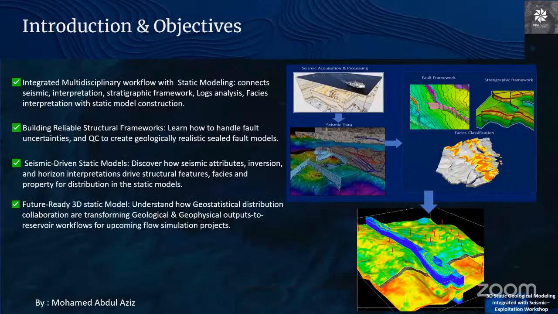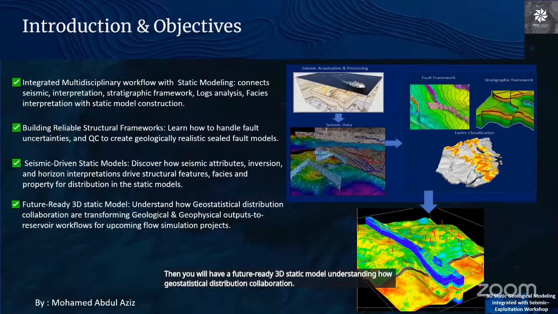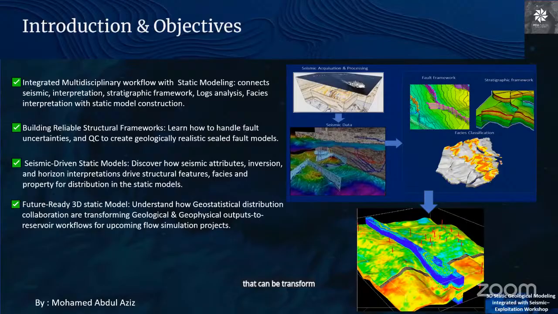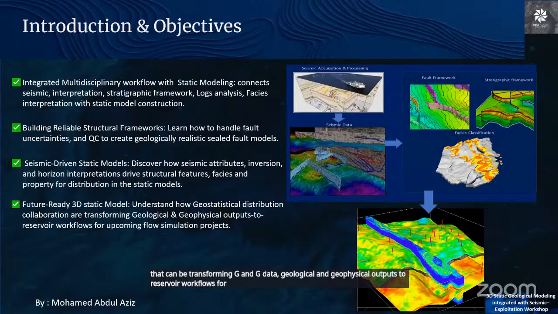Then you will have a future-ready 3D static model, understanding how geostatistical distribution can transform G and G data, geological and geophysical outputs, to reservoir workflows for upcoming flow simulation projects integrated with a dynamic study.